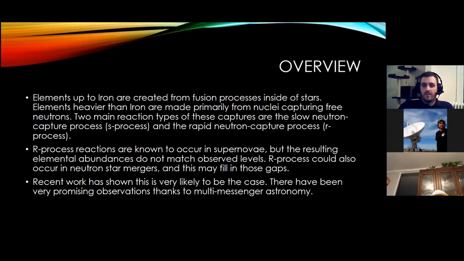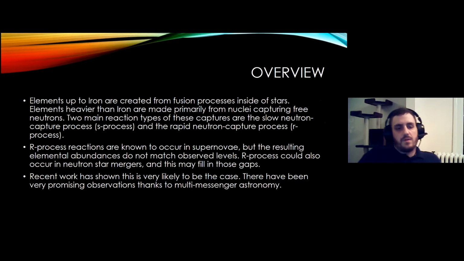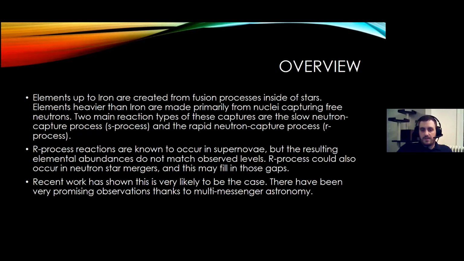But we found out later that the resulting elemental abundances from these supernovae don't quite mesh with the observed levels within our solar system. So we were looking for other sites where the R process could occur, and one of those that was thought of was neutron star mergers. It might fill in those gaps in the abundances.